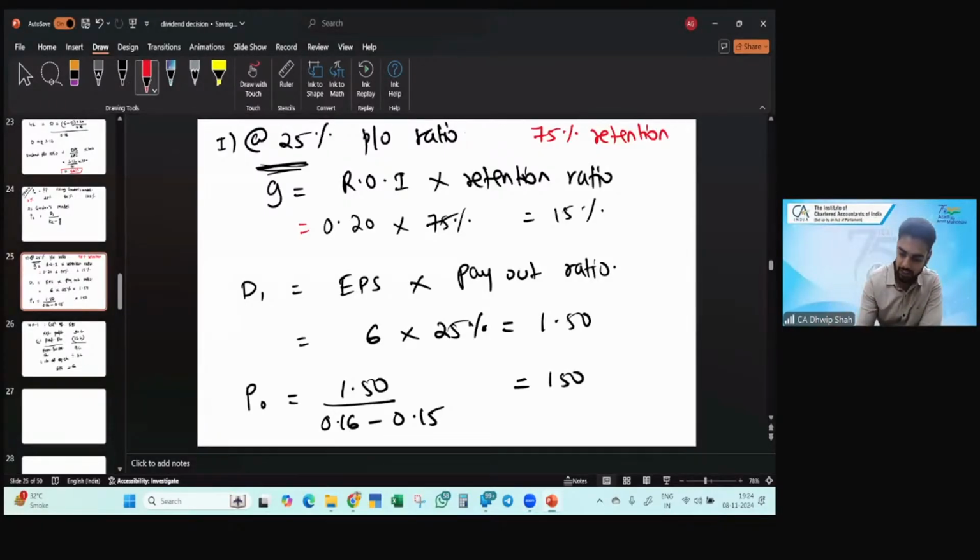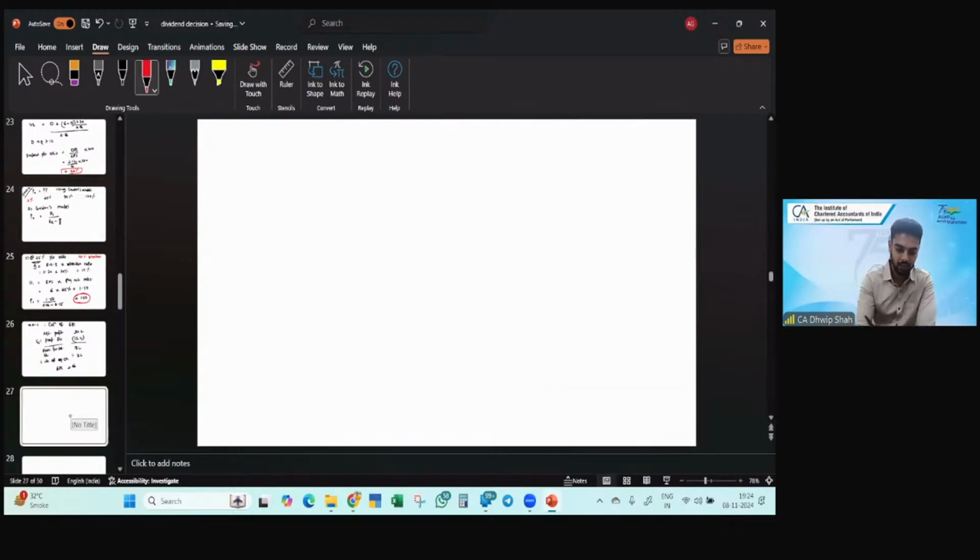So the market price of the share today, when the dividend payout ratio is 25%, comes to 150. Okay? Now let's move to the second scenario, when the payout ratio is how much?